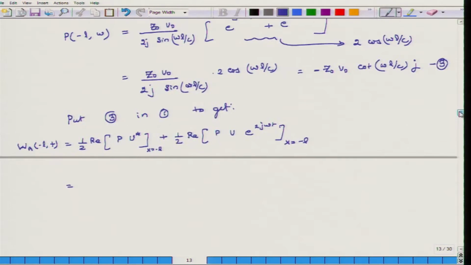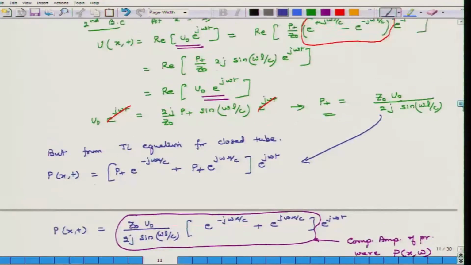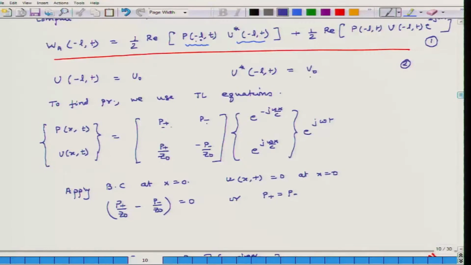So, this is equal to half of real of, the value of P at x is equal to minus L is this thing. So, minus Z naught u naught cotangent omega L over C j, this is important, times u star, and what is the value of u star? U star we had calculated or realized that it is same as u naught.